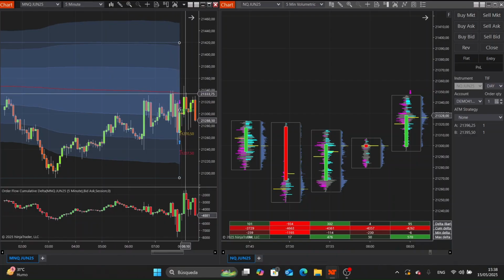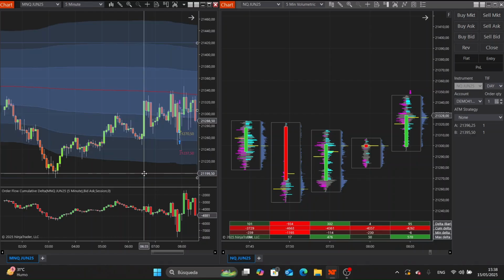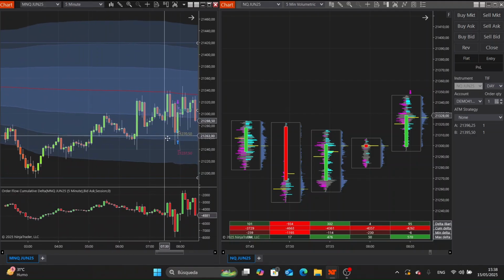I could have taken more points, I agree, but I was happy with this profit. I should have taken more into the fair value price. If we can see the VWAP, it's pretty much bouncing out of 2 sigmas on the premium side.